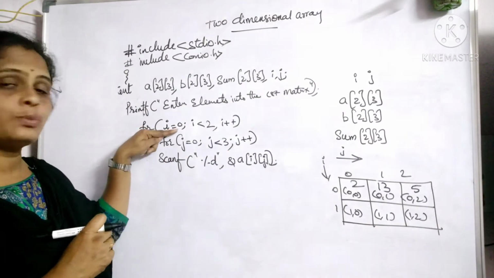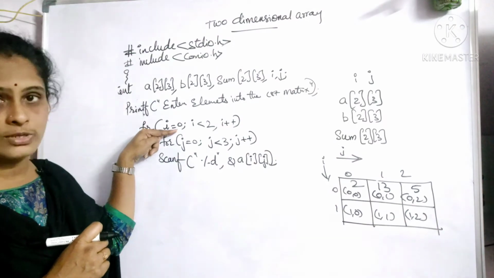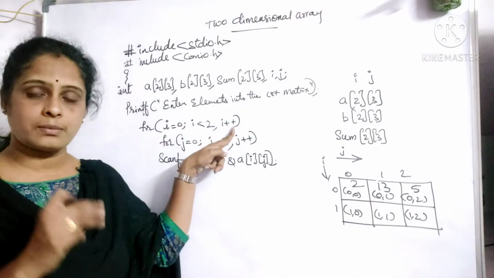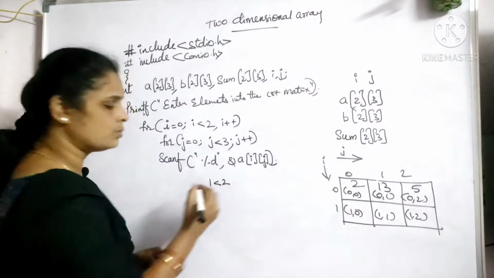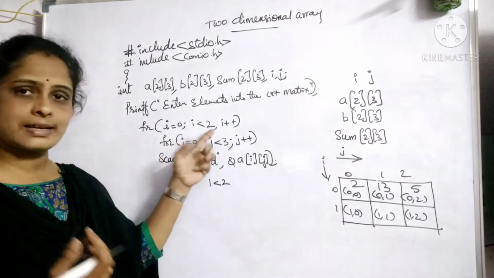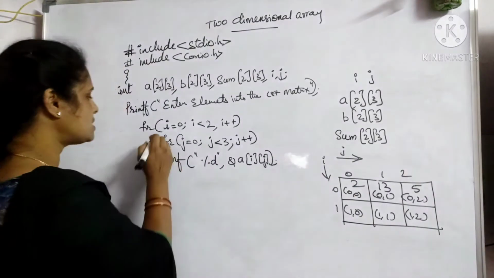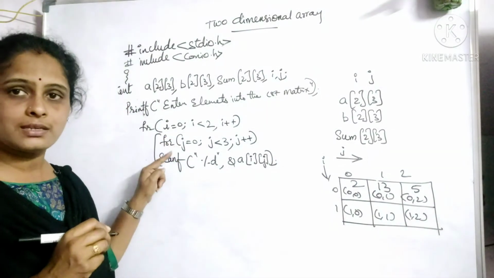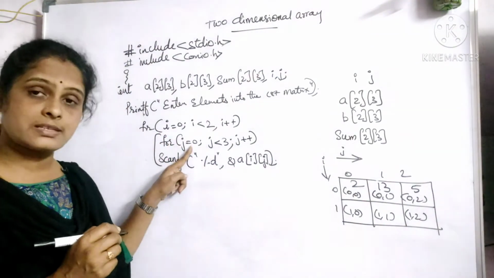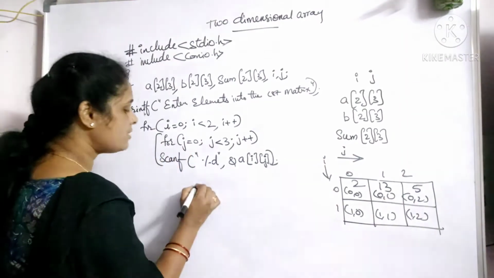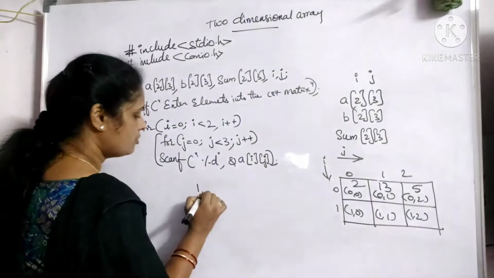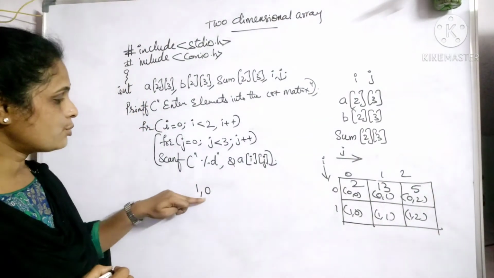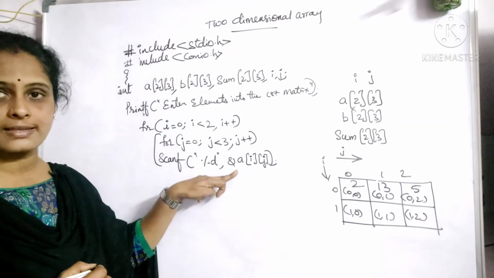Before this, the outer loop's I value was 0. Now it takes an increment and becomes 1. Okay, so is 1 less than 2? Of course it is. 1 less than 2, yes, it is true. So because it is true, now it enters into the inner loop where again it starts from 0 onward. So the I value is 1 and J value is 0 now. So 1 comma 0, into this position a value will be accepted.